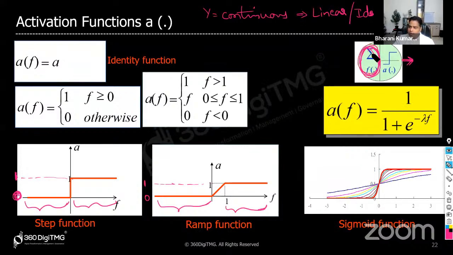If the integration value is anywhere between 0 and 1, then the exact value comes out as output. For example, if the integration value is 0.7, the output also would be 0.7. If it is 0.9, the output would be 0.9 within this range.